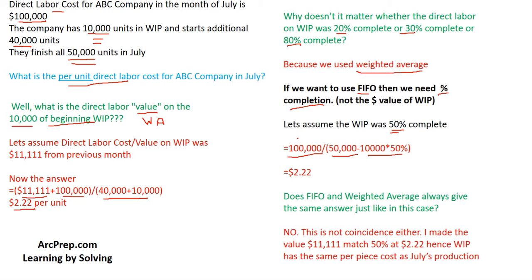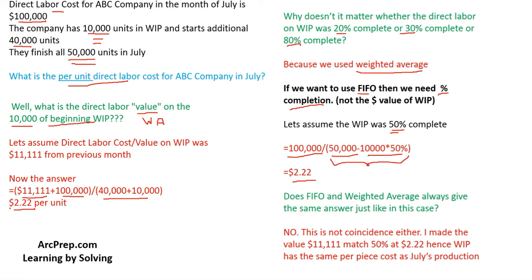It's equivalent to 5,000 units that are 100% complete. So in a sense, I had 5,000 units that were already complete at the beginning of the month. And hence, what we are saying is, in the month, we are just completing 45,000 units. If I divide 100,000 by 45,000, I'm going to get 2.22.